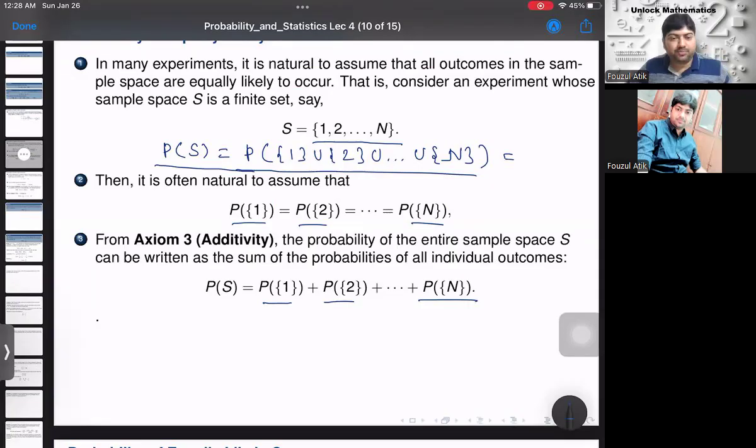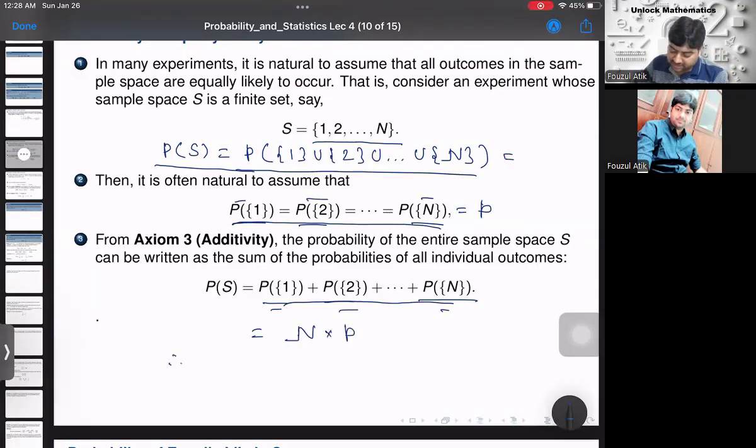Now I said that each of them is equally likely, so therefore their probabilities are the same. Let us assume that each of the outcomes has probability small p. So each of them is individually p. Then if I take their sum, how many total numbers do you have? Capital N, and each of them is individually p. So what is this sum value? It is capital N into small p.